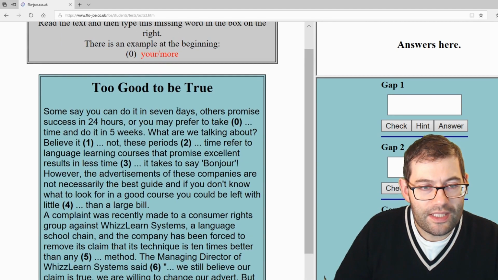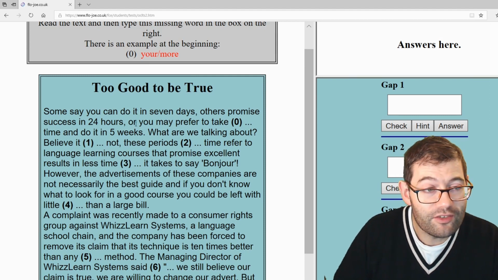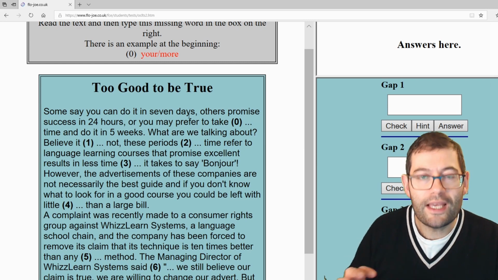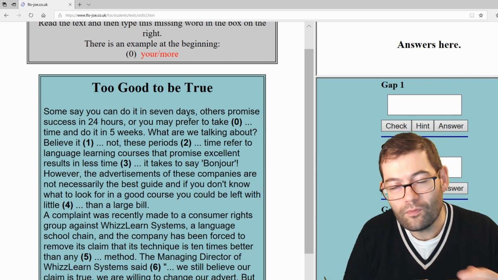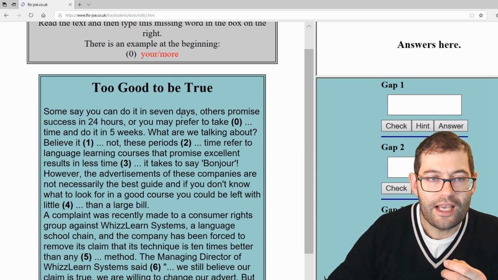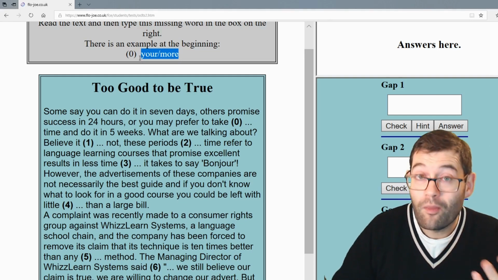Okay, let's have a look through the exercise and see what these answers are. Some say you can do it in 7 days, others promise success in 24 hours, or you may prefer to take time and do it in 5 weeks. I know it's the example, but let's look through it. Anyhow, this basically is saying that you want to go at your own speed. And so we're looking for the correct word to complete the expression, and we've got 2 options as highlighted here in the example: to take your time or to take more time.